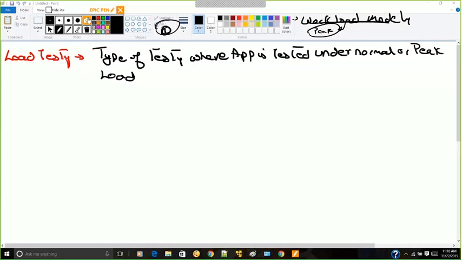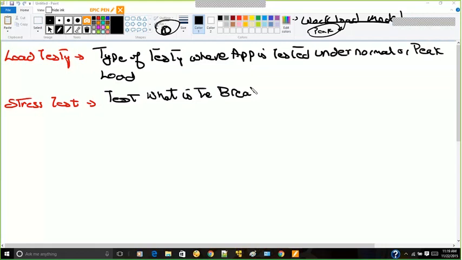The next one we are going to see is stress test. Stress test is a type of test in which we test what the break point of the application is.